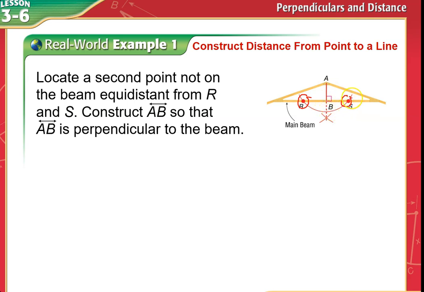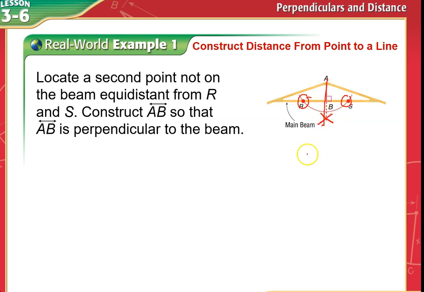We move our compass over and mark the 2 points, and then we construct the line AB so that AB is perpendicular to the beam. Then locate a second point not on the beam, equidistant from R and S. We use a compass and create this point here.